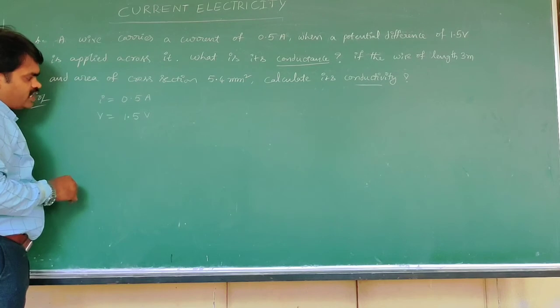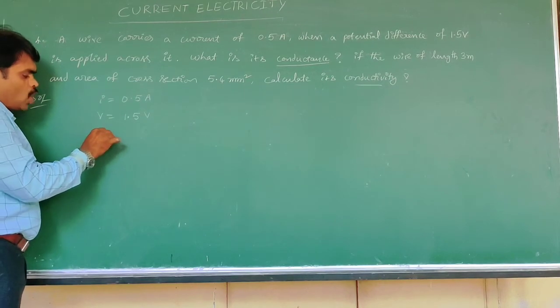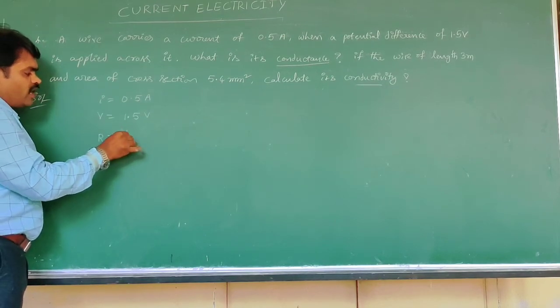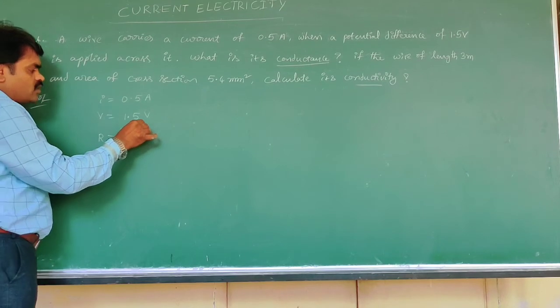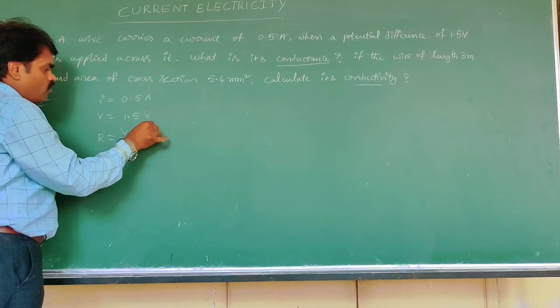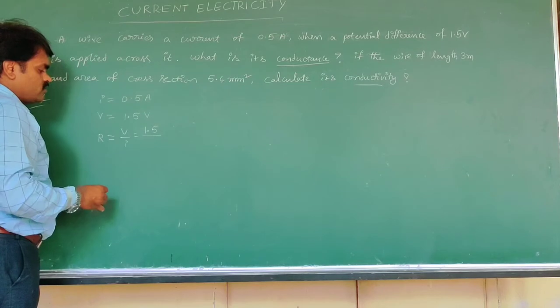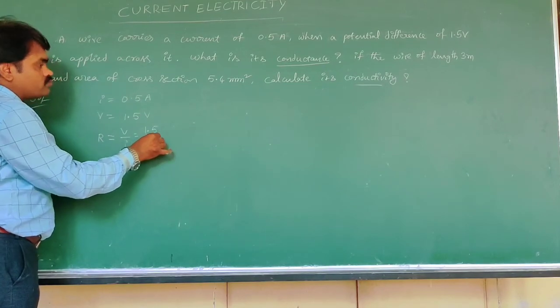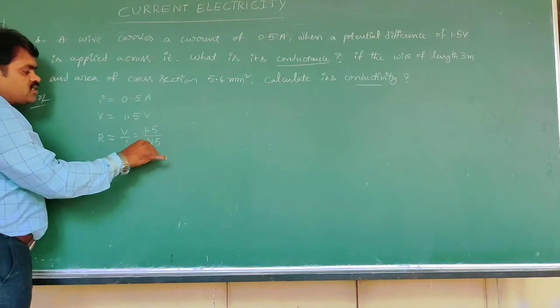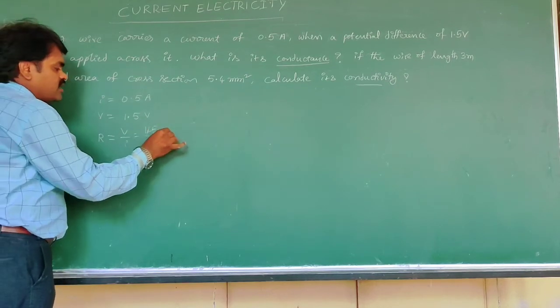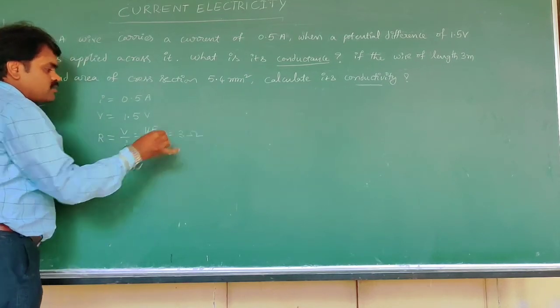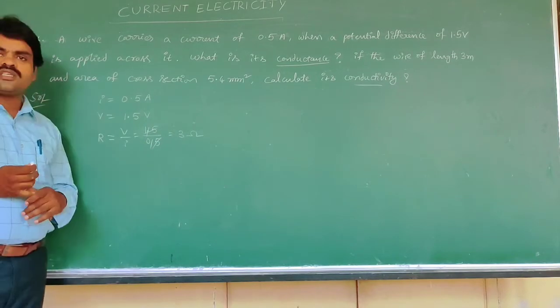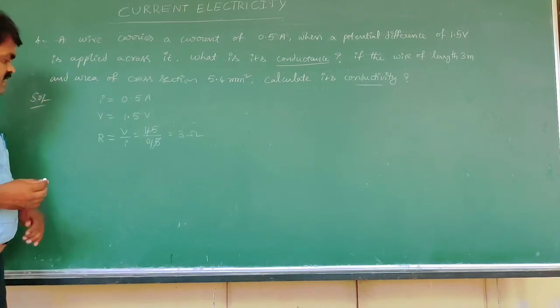Now finding the resistance of the conductor, R is equal to V by I, that is 1.5 by 0.5. Cancelling, that is 3 ohms. That is the resistance, but they are asking for conductance.